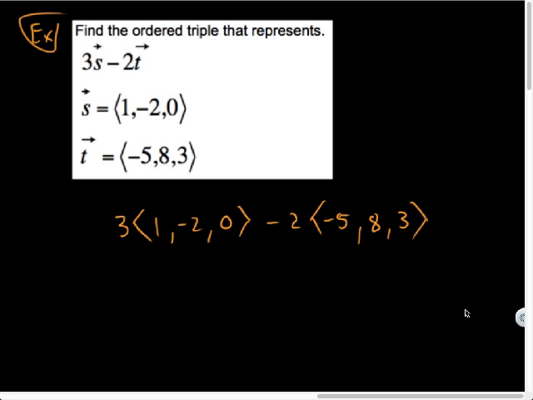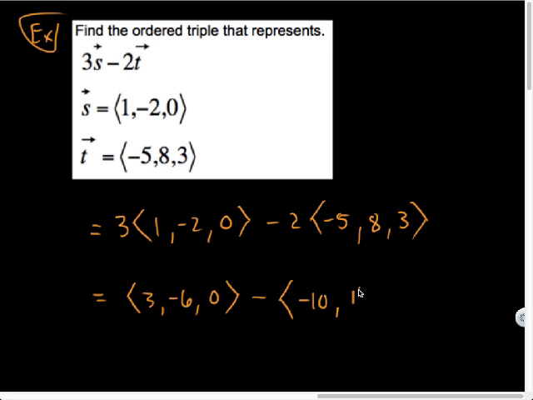Really, nothing too fancy about this stuff. We are multiplying vectors by scalars, so we distribute. That would be 3, negative 6, 0. I actually have the option to change this to plus if I distribute the whole negative 2 here, or I could leave it as minus, which I'll do, and just distribute the positive 2.